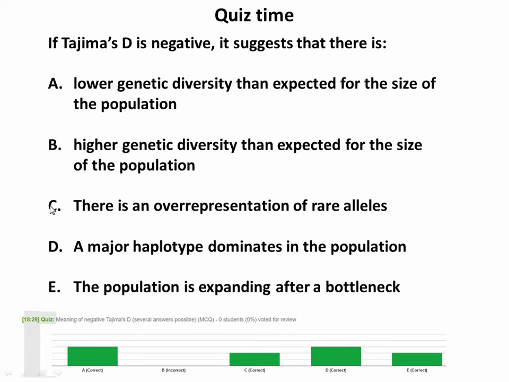C is directly related to that. By rare alleles, what we mean is an allele which is present in very few individuals in the whole population. So maybe 1 in 100 individuals will have a specific allele. And that's directly related to this one, because genetic diversity is quite low, that means that most individuals share the same sequence, and the ones that don't share the same sequence, that are a bit different, are extremely rare.